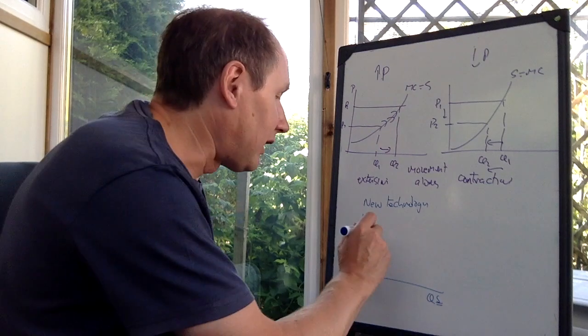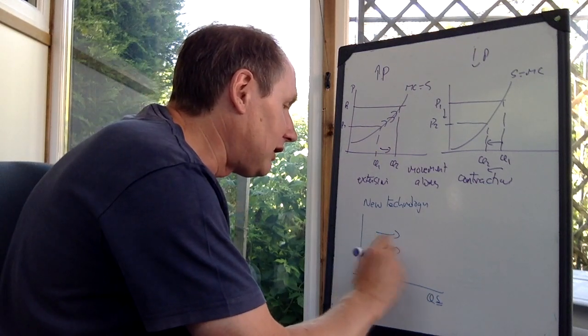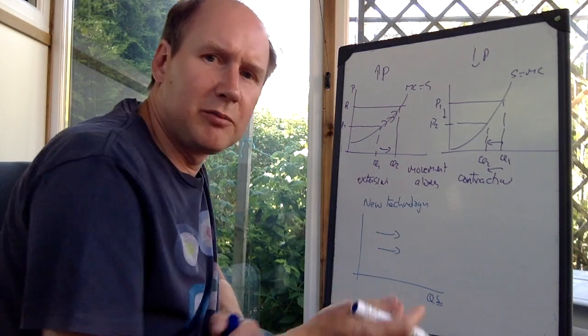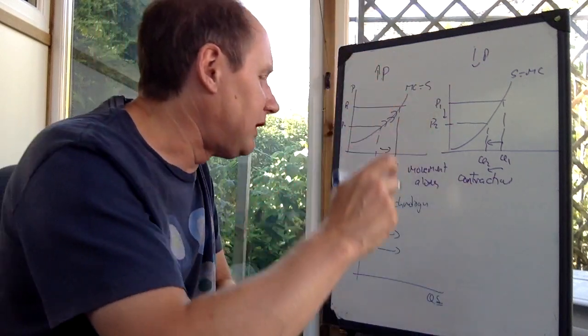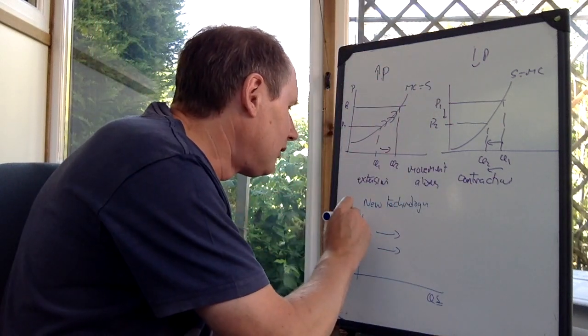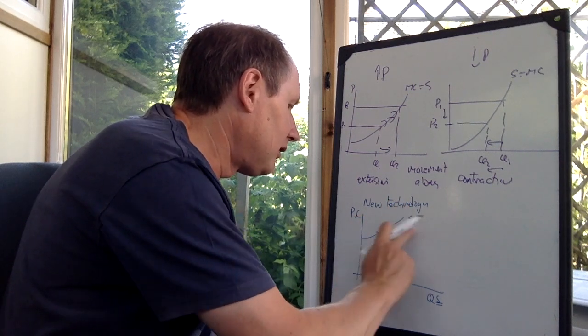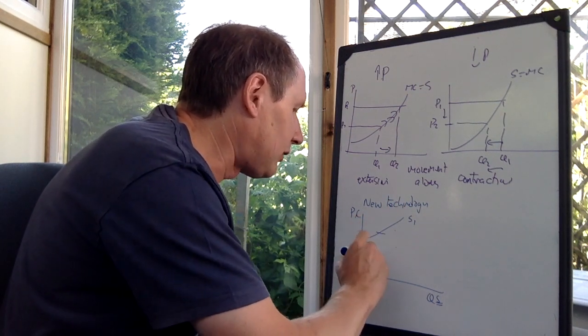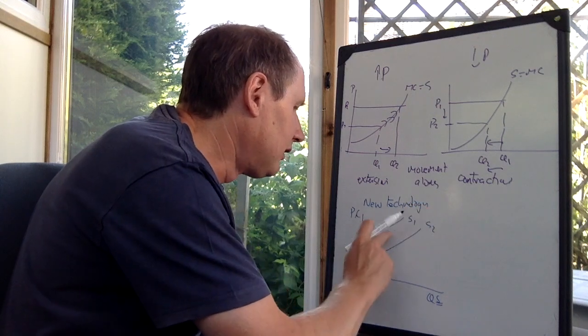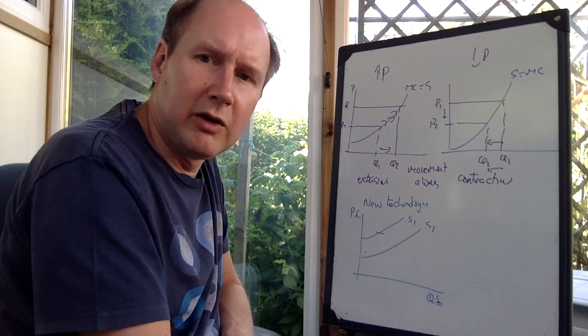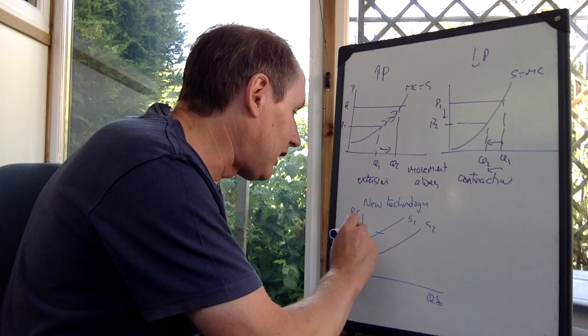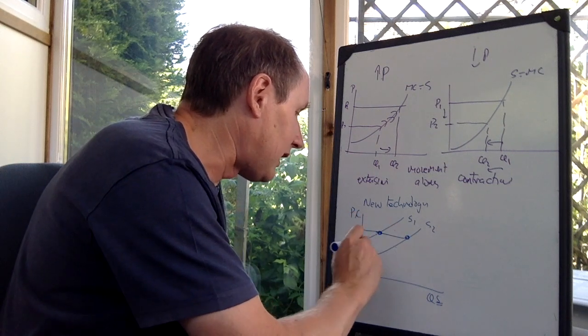An increase in supply means that the supply curve is moving that way. People sometimes get confused with an up and down thing. When we're talking about an increase in supply, there's S1. If I draw you a new supply curve, S2, people sometimes go, oh, that's gone down. No, what we're saying is that at that price, supply has risen from there to there.